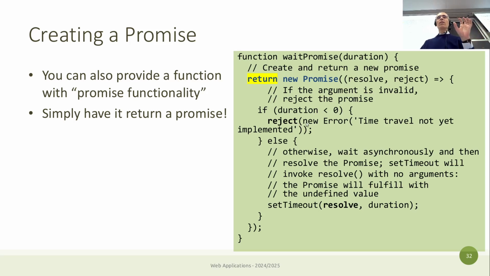So the promise will do nothing. It will be immediately settled, and we will pass an error object to the reject, just to give it back to the caller, the one that created the promise.